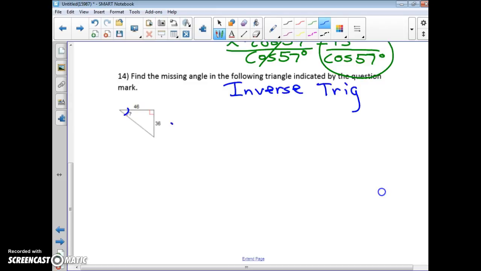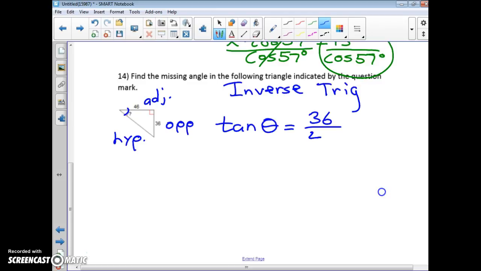That's my reference angle. Here's my opposite side, adjacent side, and my hypotenuse. I know about opposite and adjacent, so I'm going to pull in that trig that uses opposite and adjacent. That's tangent. So tangent of theta, I'm going to use theta again, is equal to 36 over 46.